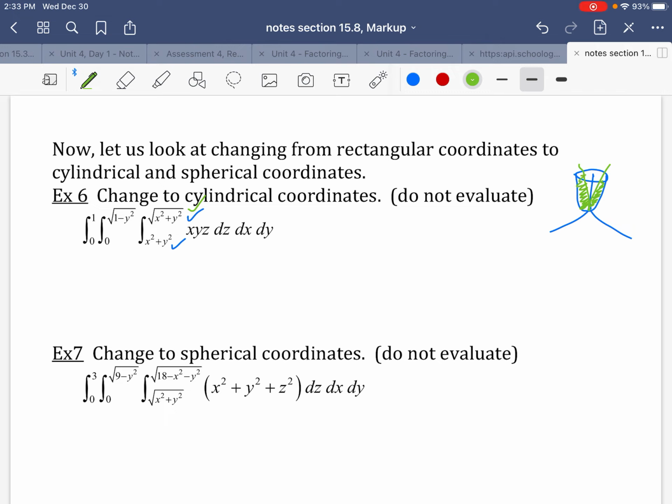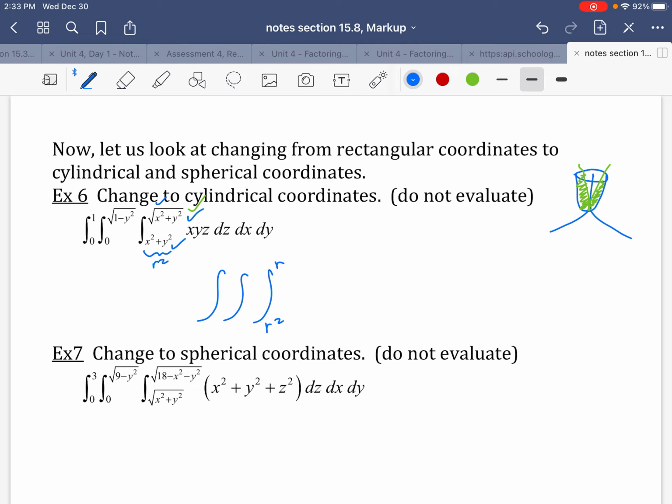Okay, so remember in the cylindrical language that x squared plus y squared equals r squared. So this is going to change to r squared, and then this up here will be the square root of r squared, so it'll just be r. So I have my first integral, r squared to r.